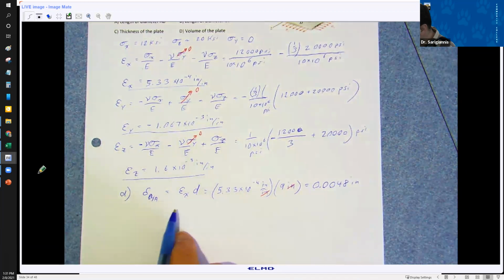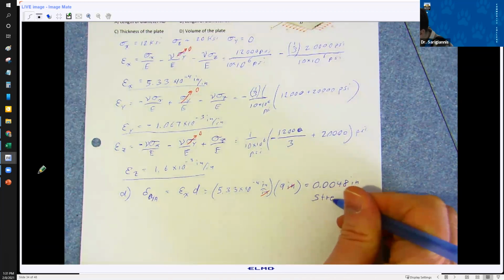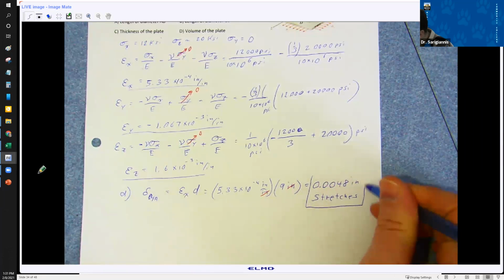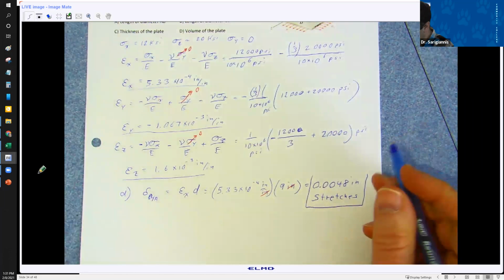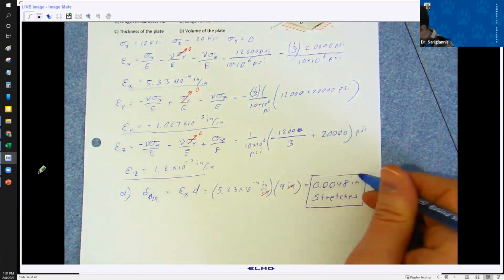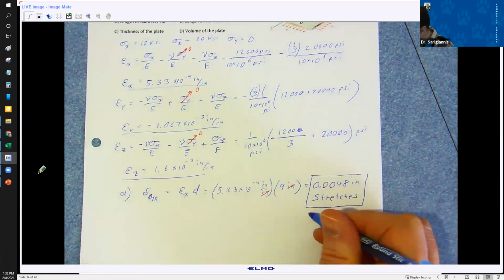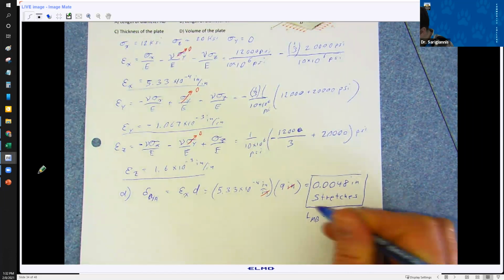And notice, this is positive, so this stretches. We want to know the length of diameter AB. So the actual length would be 9.0048 inches.